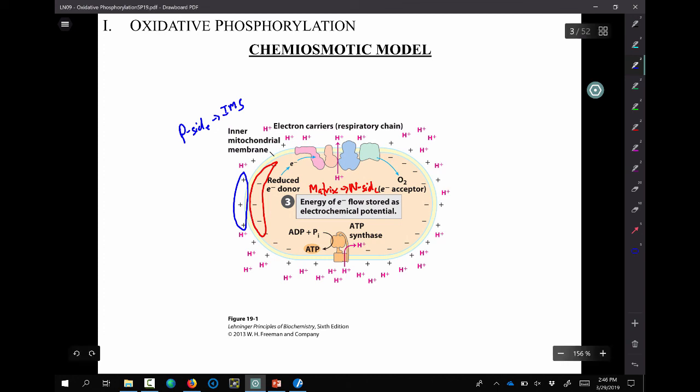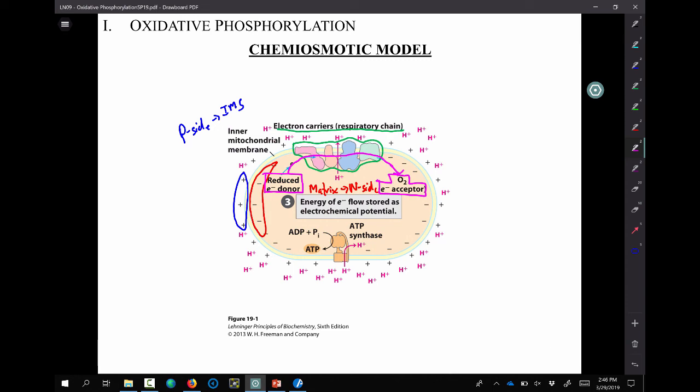Now, embedded in that, again, this is a 5,280-foot view, will be something we call the electron transport chain, or respiratory chain, comprised of complexes 1, 2, 3, and 4. We'll look at them in detail, but those complexes as a total will take electrons from reduced electron carriers, primarily NADH, the diffusible one, pass them through a series of reactions to oxygen, oxygen being the final electron acceptor, and make water in the process.